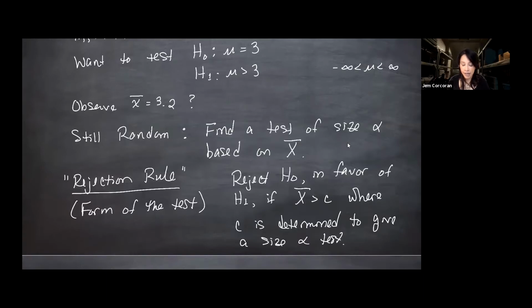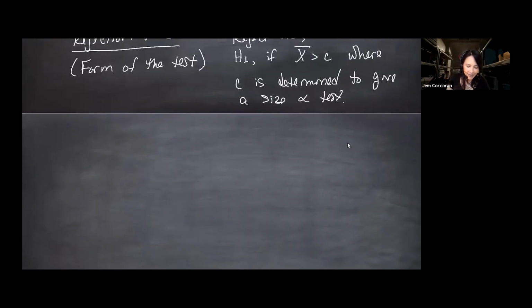There tends to be a feeling that the form of this rejection rule has to match the alternate hypothesis, but it really doesn't. Maybe you don't want to write this because it'll mess up your example, but I do want to say something on the side here. Suppose that we had an exponential distribution with rate lambda, and we had a random sample x1 through xn from this exponential distribution.